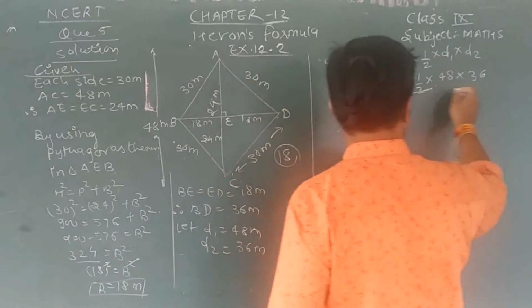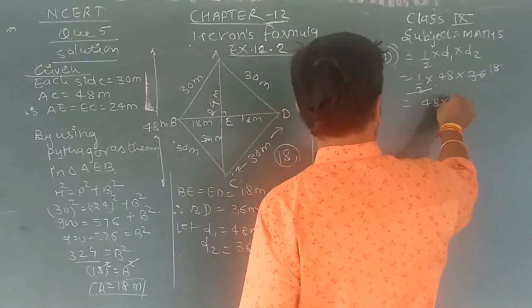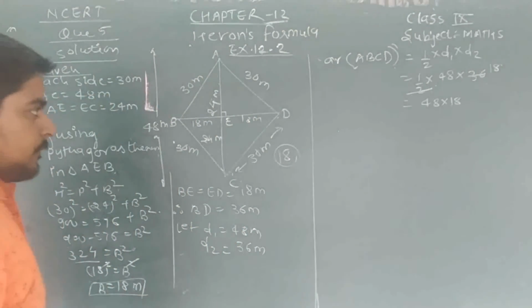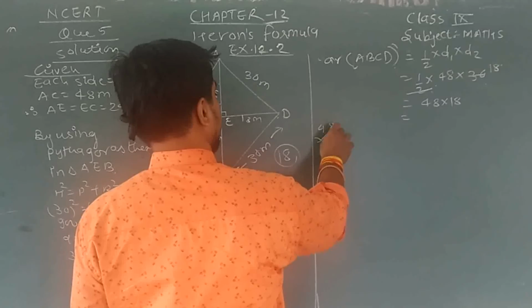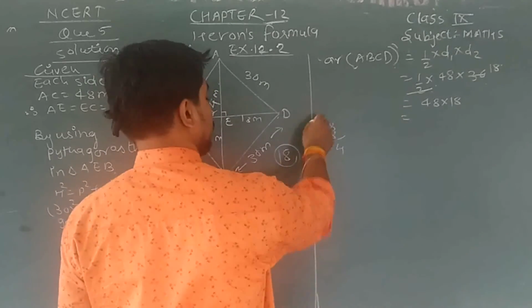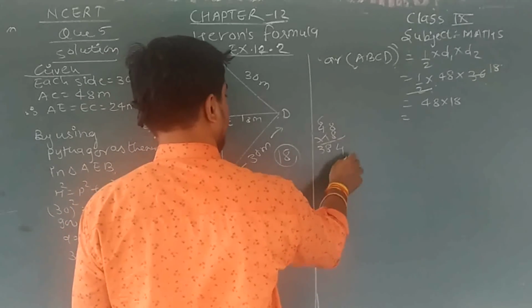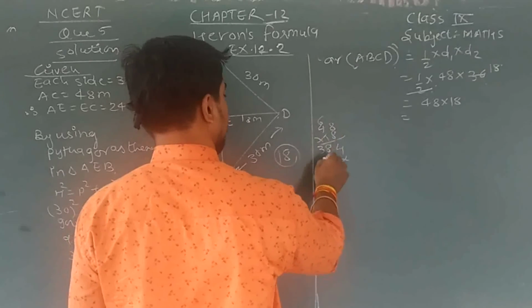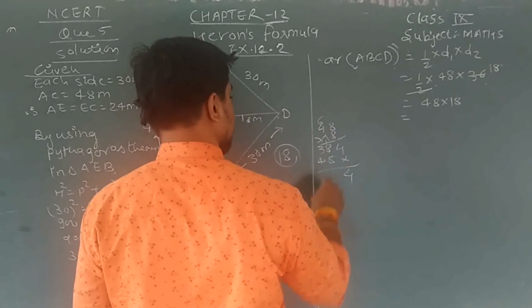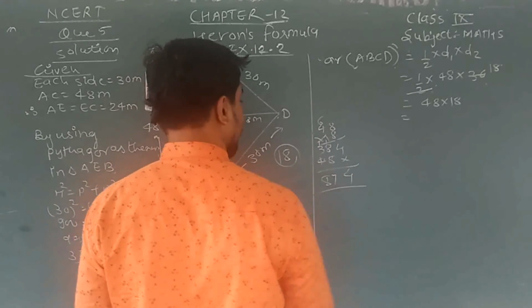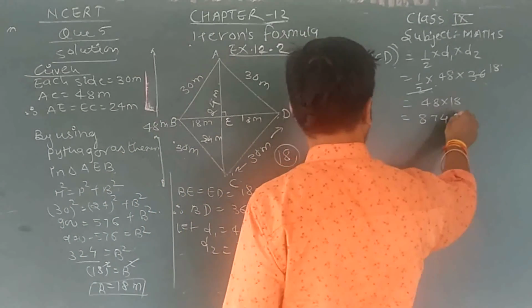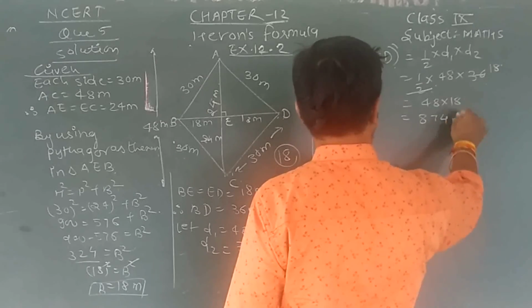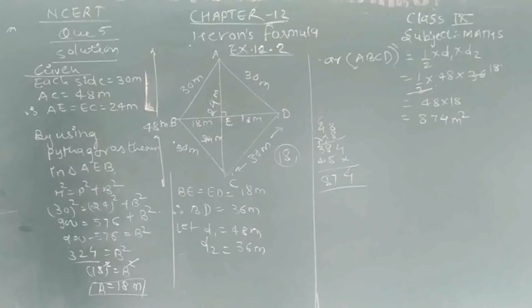We can divide 36 by 2 to get 18, so it is 48 into 18. Multiplying these, I got 874 meter square as the area of the given rhombus type field.